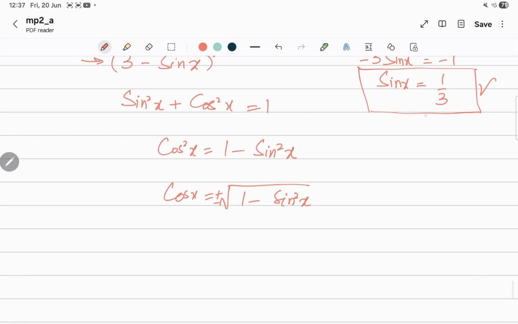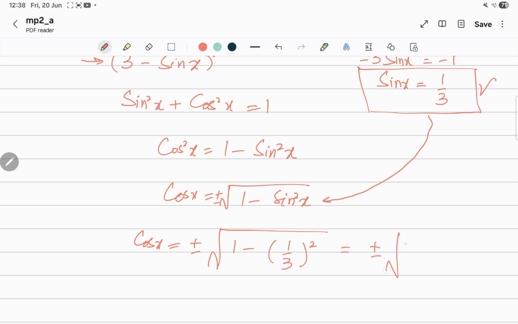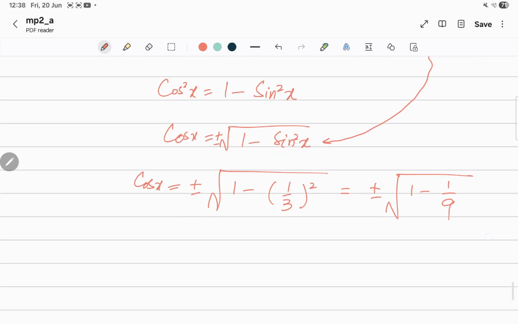The value of sin x, which is 1 over 3, you can sub over here. Then cos x equals plus minus root of 1 minus 1 over 3 square, and it will be plus minus root of 1 minus 1 over 9 when you apply the square. If you figure this out on the calculator, it will be 8 over 9.